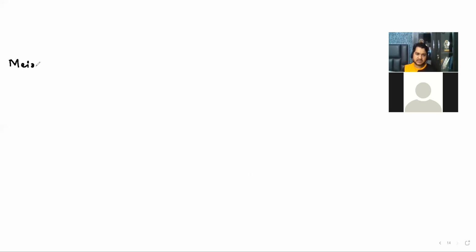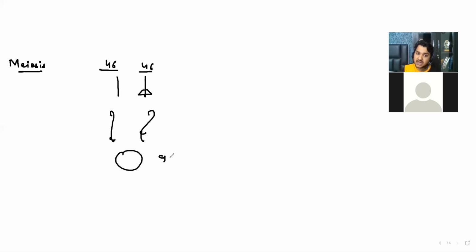Meiosis takes place in the reproductive cells and they are maintaining the same number of chromosomes, halving the number of chromosomes. In humans, male and female are there, right? Suppose dad is giving 46 and mother is also giving 46, so the baby becomes 92. That's impossible.